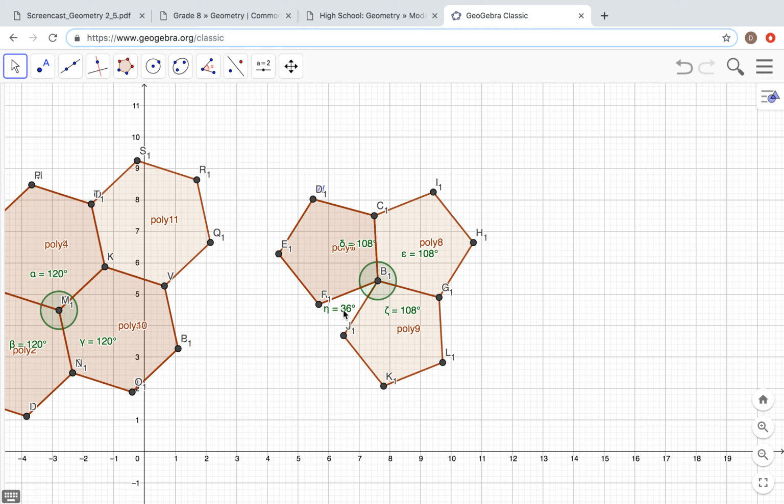Since this angle right here is not equal to 108 degrees, we are not able to put another pentagon within that space. Thus, using a pentagon is not good for creating a perfect tessellation such as the hexagons over here.